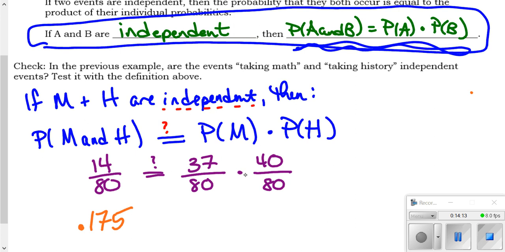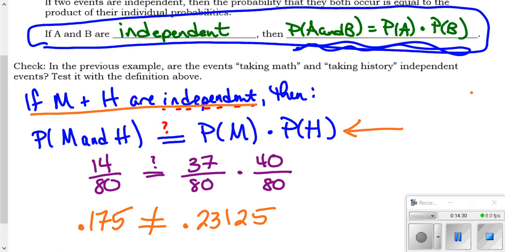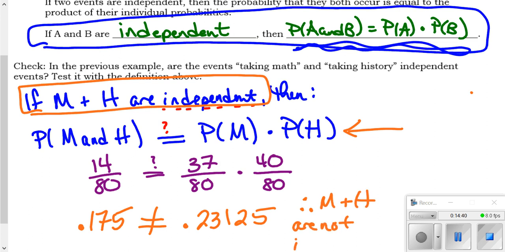This fraction times this fraction gave me the decimal 0.23125. Those two numbers, they are not the same. So what can I conclude? Well, since this equation wasn't true, then this statement cannot be true either. So I would say, therefore, math and history are not independent.